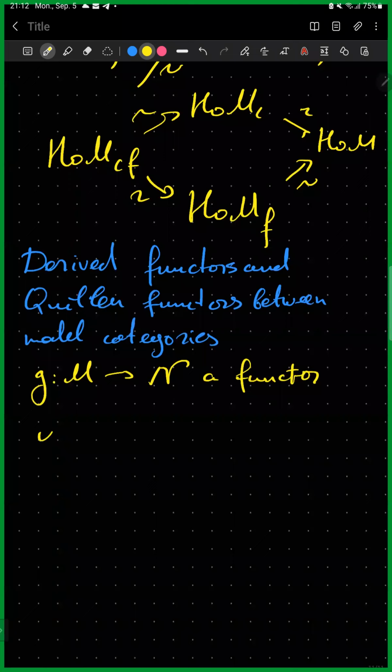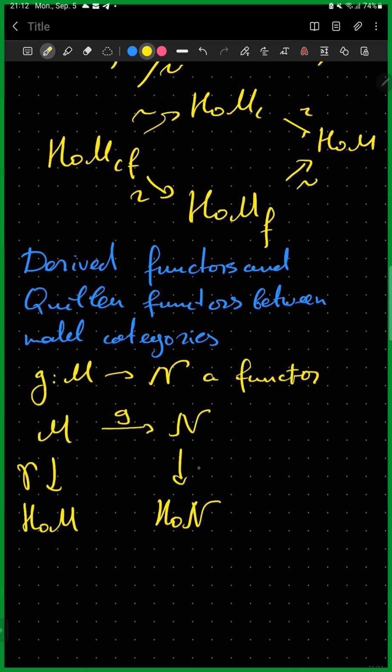Then what do we want to do? Well, we have this functor G here, and we have the two homotopy categories of M and N respectively. Ideally we want something that descends to the homotopy categories, some homotopical version of the functor G. Of course, G does not necessarily preserve weak equivalences, which means that it does not necessarily descend to a functor between homotopy categories.